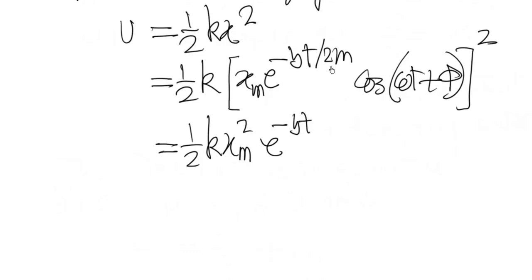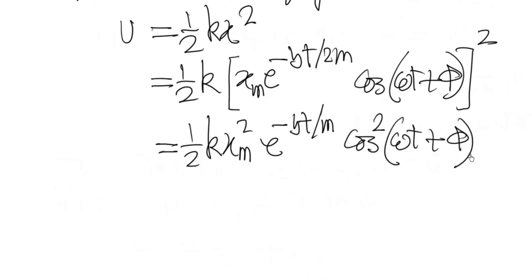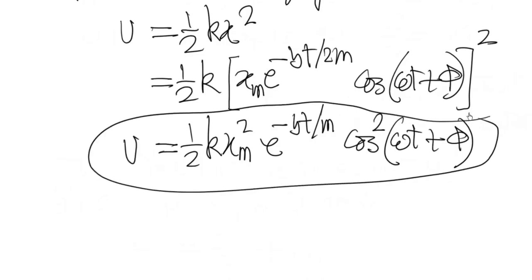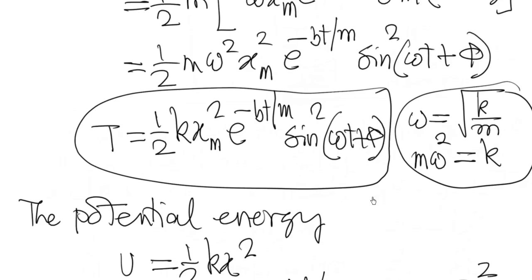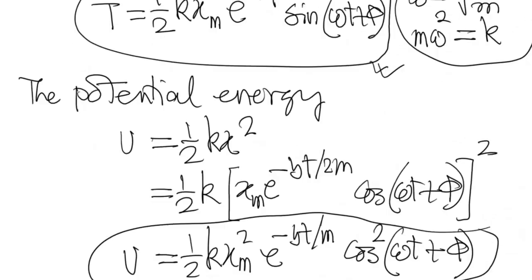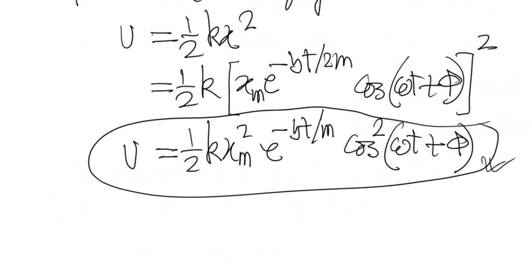So if we square again, it will be e to the power minus bt by m, and this is cos square(omega t plus phi). This is the potential energy. So if we add this potential energy and this kinetic energy, we'll get the total energy of the block spring system.